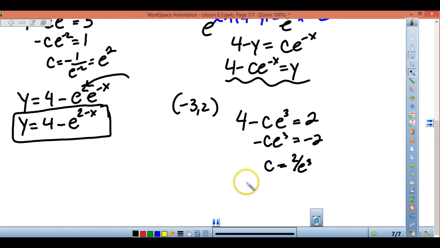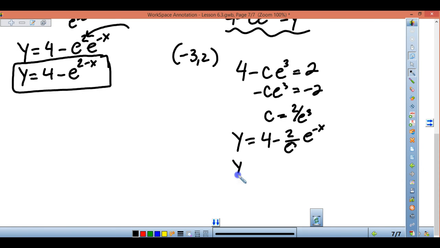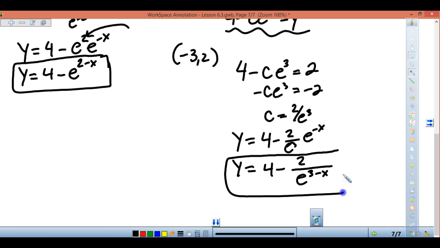So if we go ahead and plug that in, so 2 divided by e cubed times e to the negative x. Probably the nicest way to write this is to get rid of this negative exponent here, and then maybe make it e to the 3 minus x. I guess that probably looks the neatest. But again, as long as you have something mathematically equivalent, that's just fine.